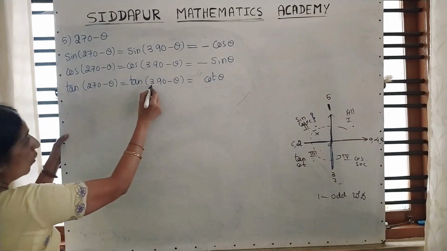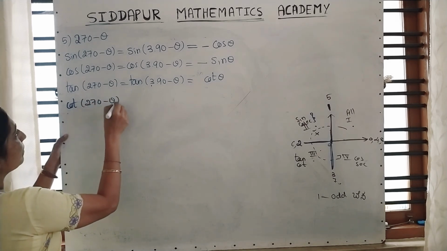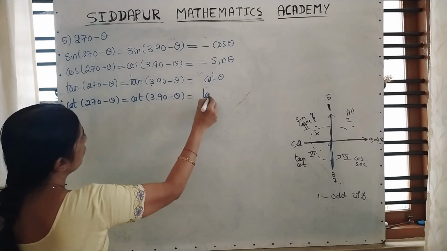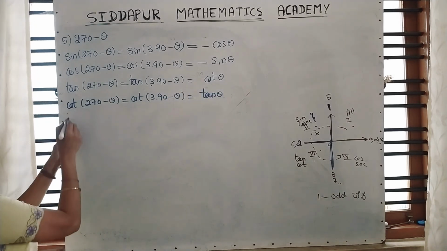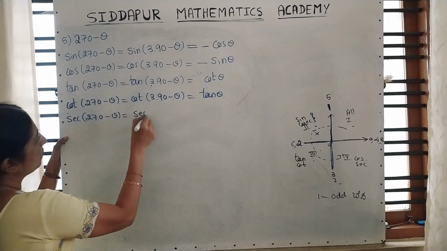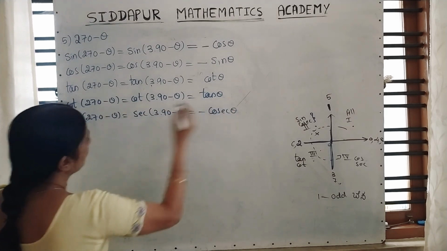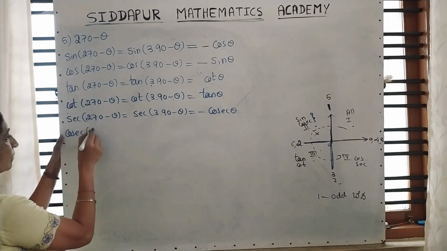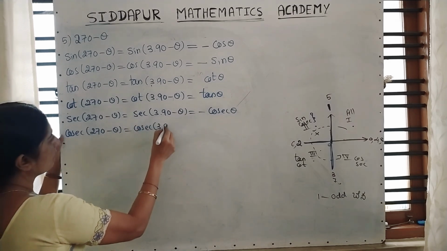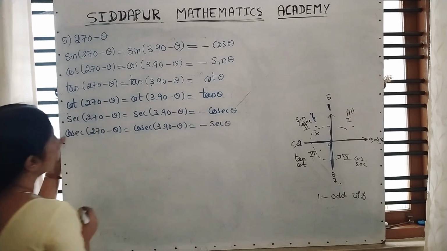But because of the odd number, tan changes to cot. Here, odd number, cot changes to tan, but it is positive in the third quadrant. What about sec? Sec is negative, and because of the odd number, sec changes to cosec, and cosec changes to sec.